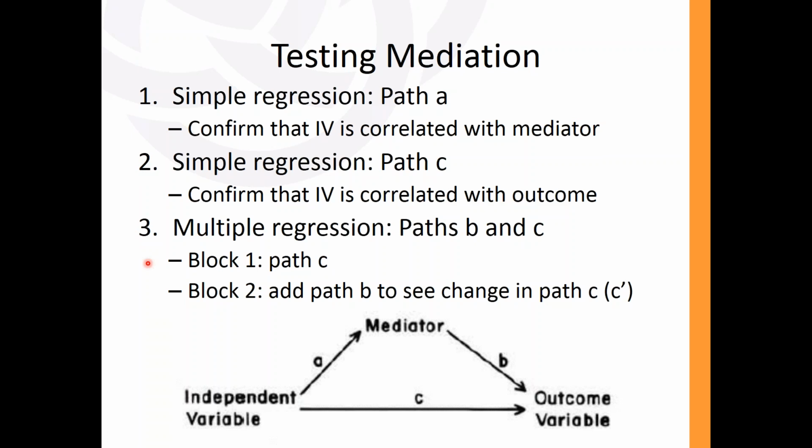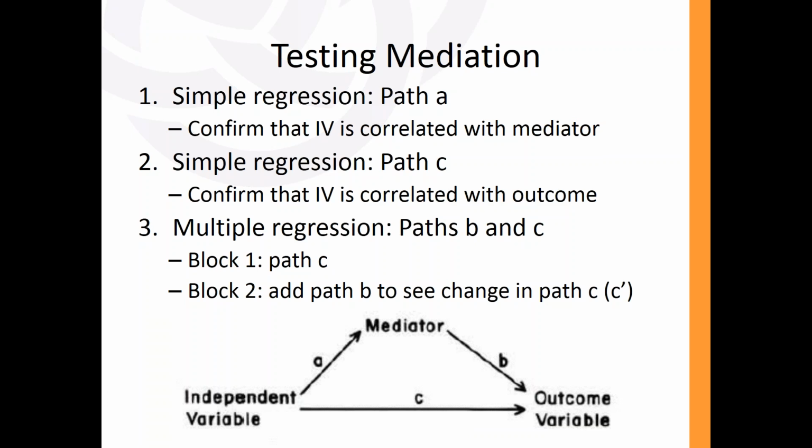And you also enter the variables in blocks, meaning that you have path C, and you look at the effect of the independent variable on the outcome variable. And then you add in path B in a second block, and the output shows you, okay, in block 1, path C has some strength associated with it, and it has a p-value associated with it.